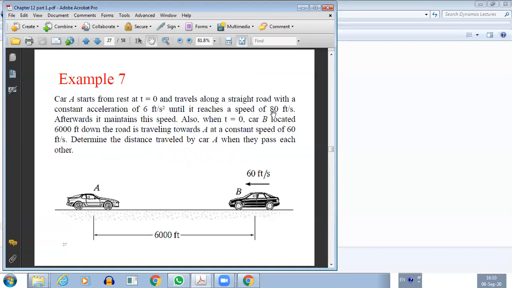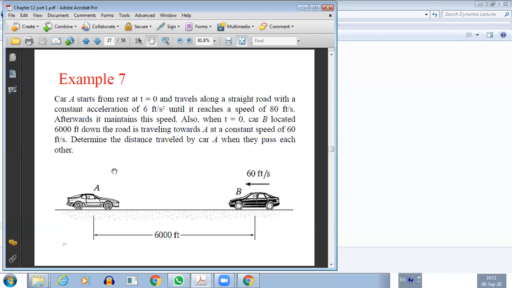After it reaches a certain speed, the acceleration becomes zero and it maintains the speed. So for car A there were two stages of motion, and each stage could have its own set of equations. You cannot have one set of equations for both stages of car A. So the motion of car A was an example of erratic motion. Motion of car B doesn't count as erratic because it was just one stage of motion.